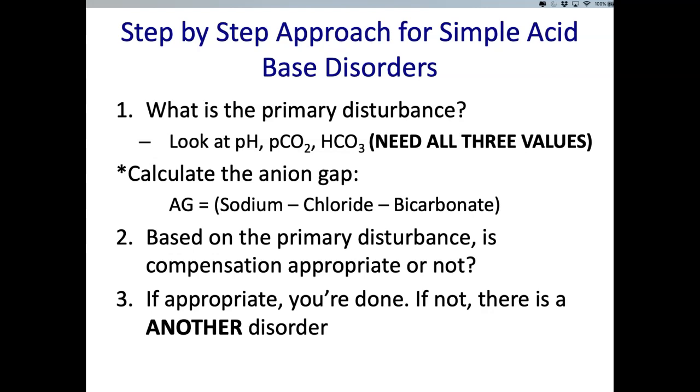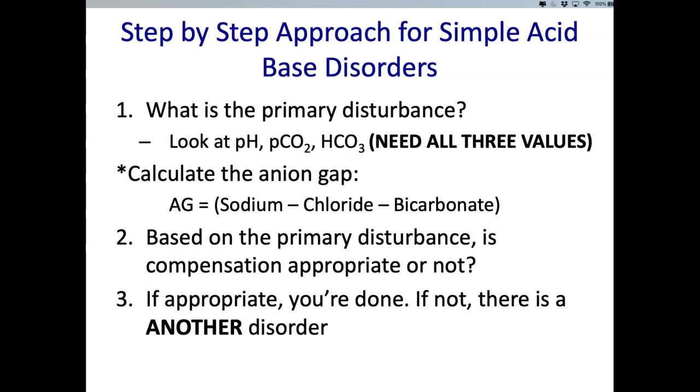pH, PCO2, bicarbonate. All right, next, it is important to calculate the anion gap, and the anion gap is the serum sodium concentration, subtract off the chloride concentration, subtract the bicarbonate concentration. That basically tells you, if there's an acidosis present, whether or not it's due to the addition of new acid.